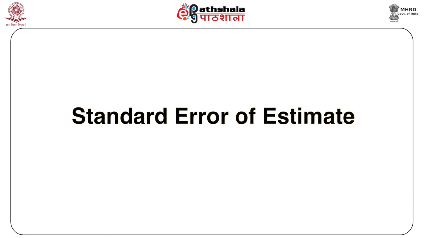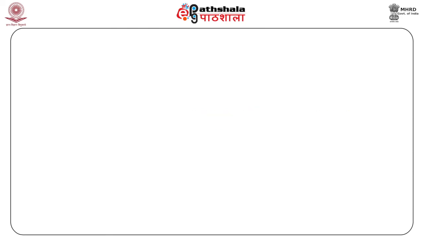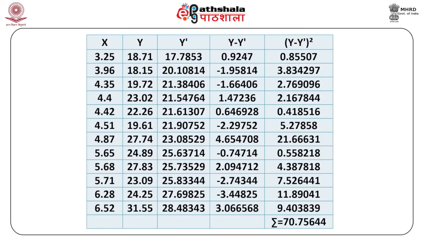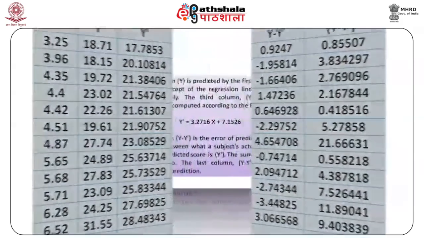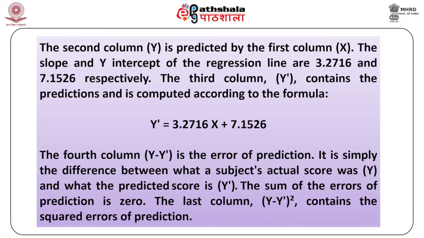Now, coming to the standard error of the estimate. The standard error of the estimate is a measure of the accuracy of predictions made with a regression line. Consider the following data. The second column y is predicted by the first column x. The slope and y-intercept of the regression line are 3.2716 and 7.1526 respectively.